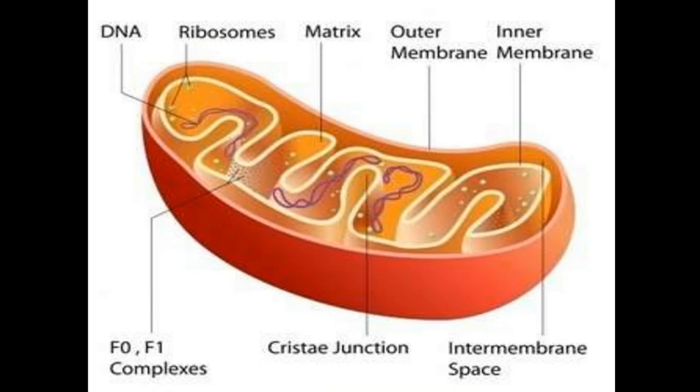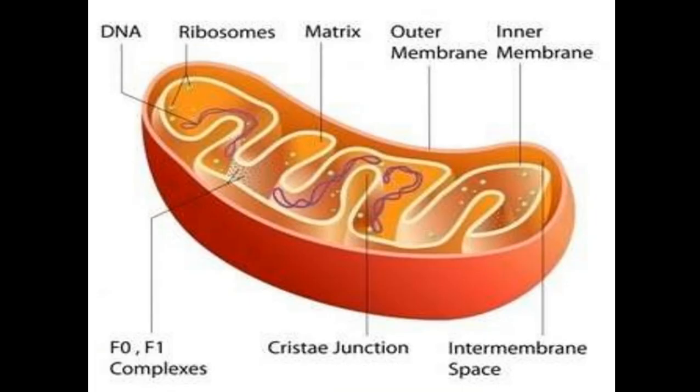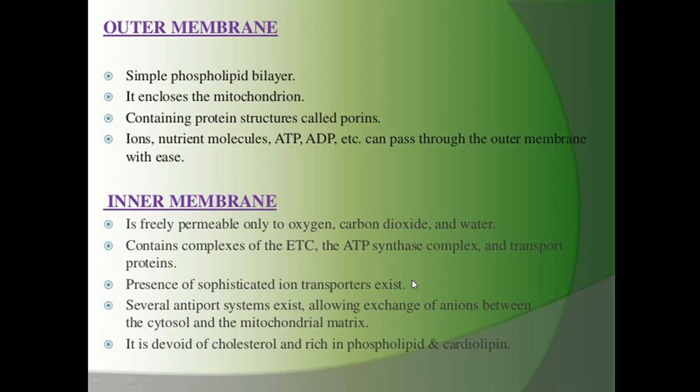Now the outer membrane. If you look into it, this is nothing but a simple phospholipid bilayer, and it encloses the entire mitochondria. On the surface, it has some protein structures. Actually, they are openings, and they are called porins.